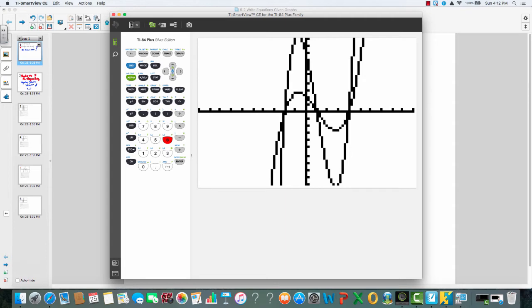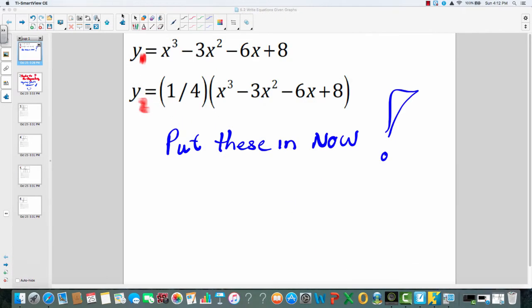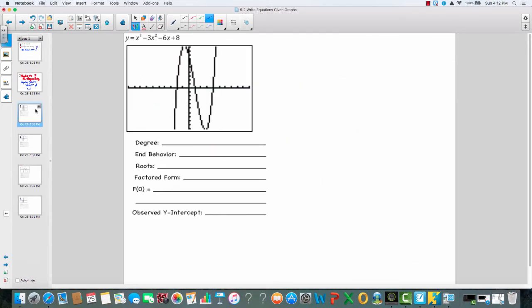Let's take a look at these two graphs individually like you have on your worksheet. So here's the first one. This was a picture from my calculator. So what do we know? Okay, the degree. 1, 2, 3. 3 roots. Third degree. What's the end behavior? Well, according to this picture, it looks like that.